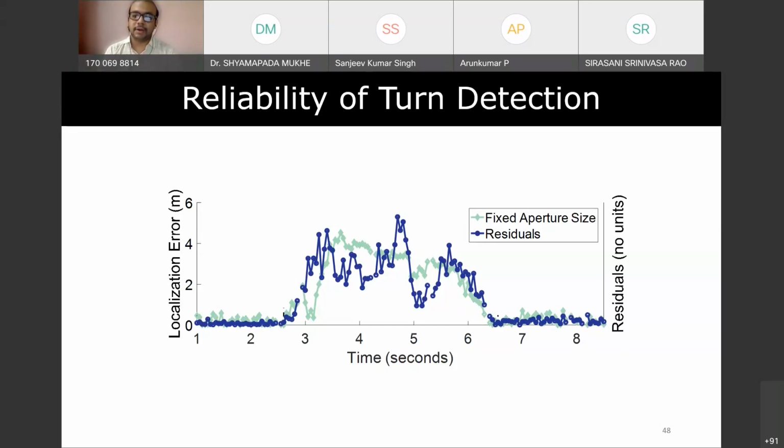And if you look at the value of the residual on the right-hand side, it suddenly spikes up, which means the solution is getting inconsistent with our assumption, and we are not able to come down to a satisfactory solution. The solution is not behaving stably.